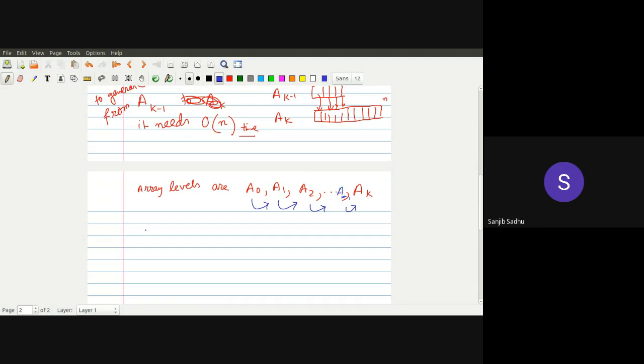So therefore total time complexity appears to be O(n into k), that is O(n log n), because k is log n.